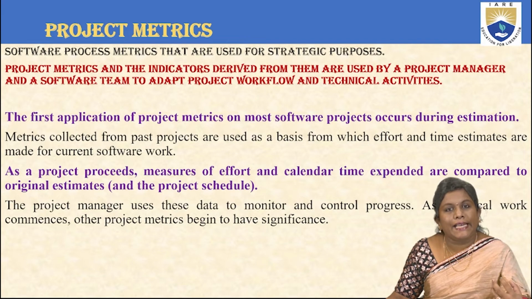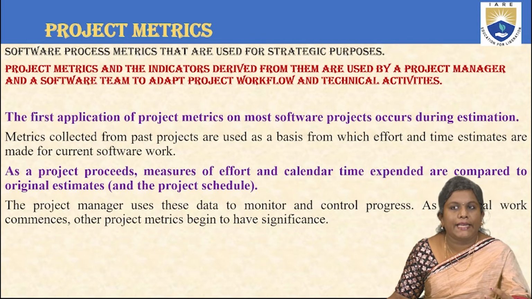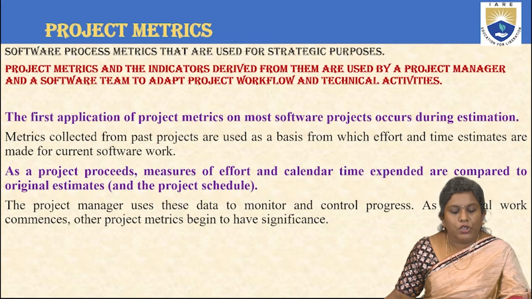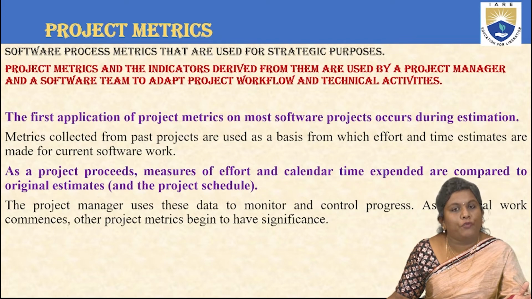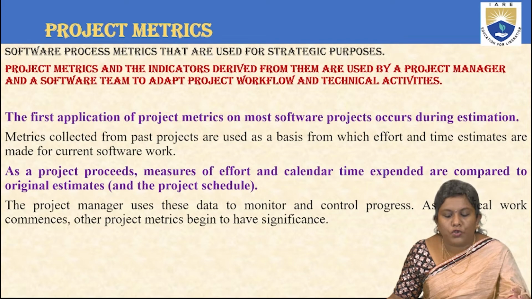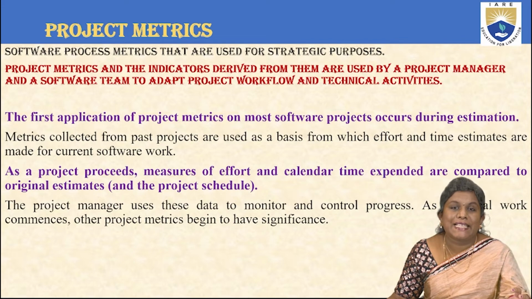They act as indicators to the software team so that they have a proper workflow and involve different technical activities, right? So the first application could be trying to focus on estimation. I repeat, the first application of project metrics on most software projects occurs during estimation.